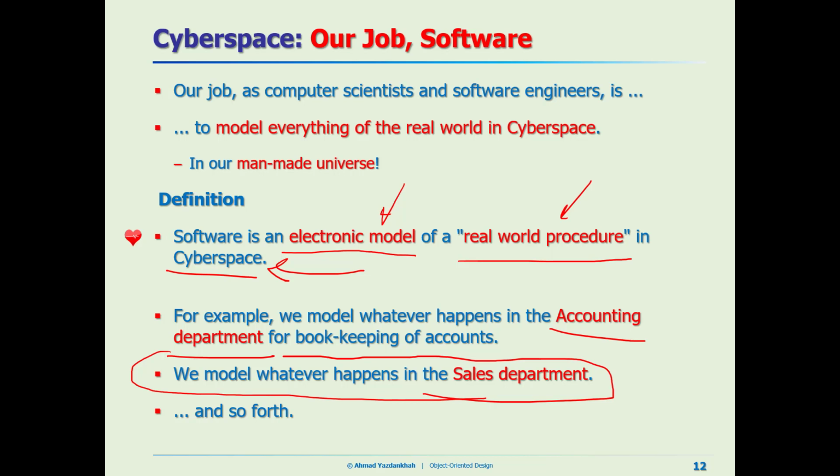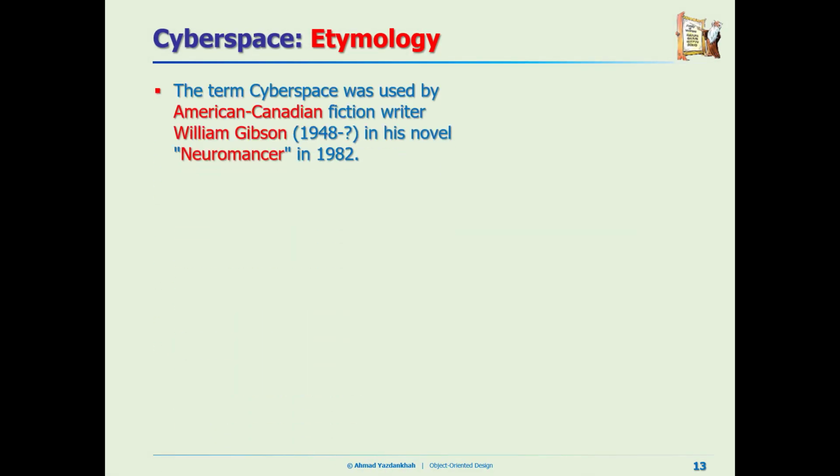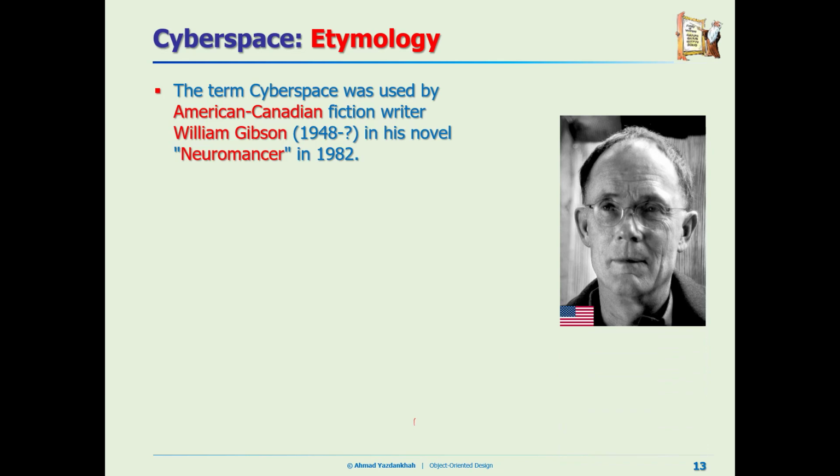Okay, so from an etymology point of view, cyberspace was mentioned by the American-Canadian fiction writer William Gibson in his novel called Neuromancer. I am not sure that I am pronouncing it correctly or not, but for the first time, he mentioned the word cyberspace inside his novel.